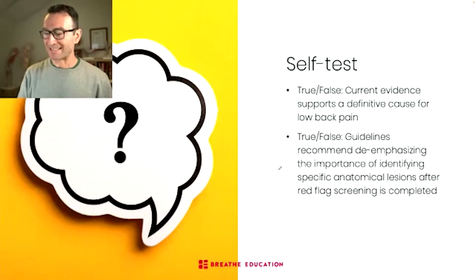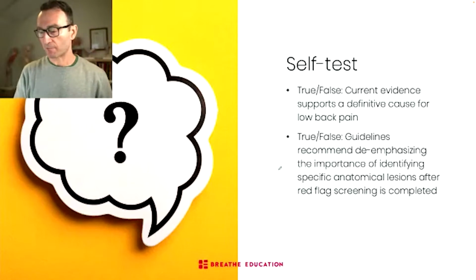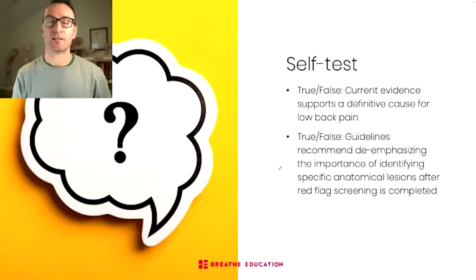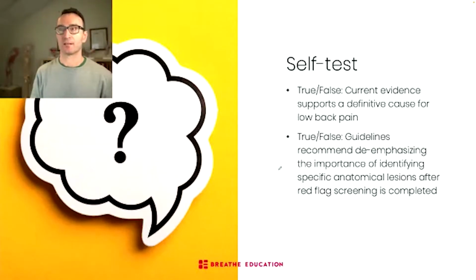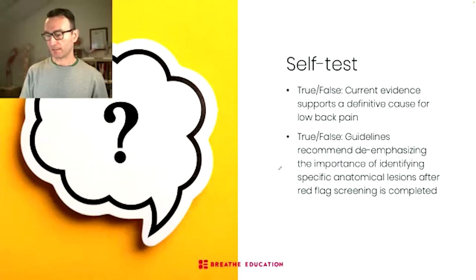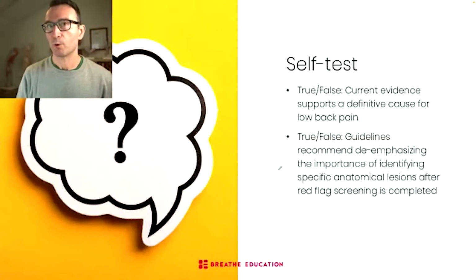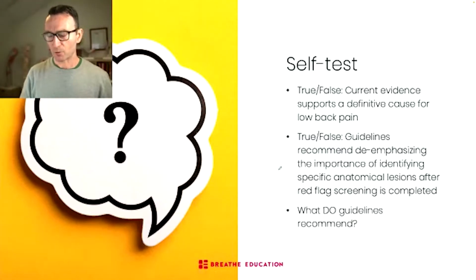Guidelines recommend de-emphasising the importance of identifying specific anatomical lesions after red flag screening. Or in other words, work with the whole person, not just the spondylolisthesis. What do guidelines recommend?